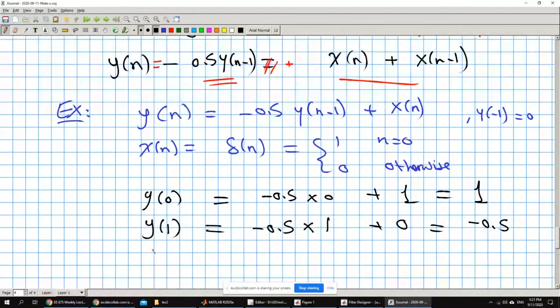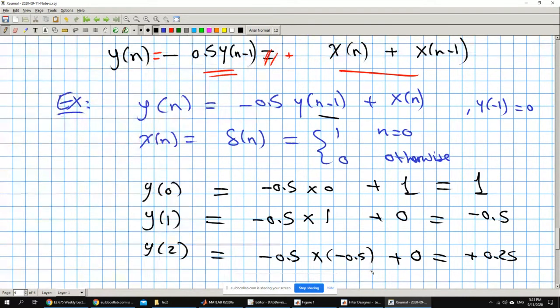How about y of 2? It's going to be minus 0.5 times y of 1, because here n minus 1, so n is 2. Minus 0.5, plus also 0, which is going to be what?